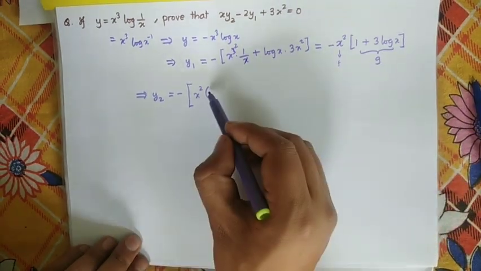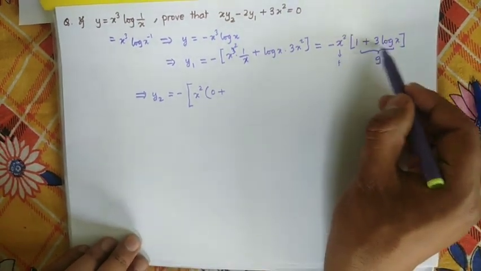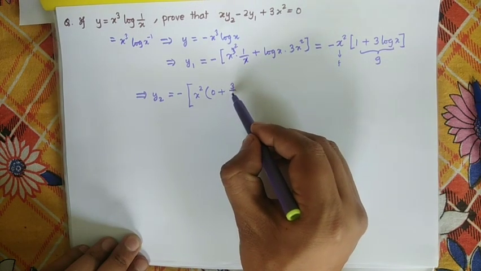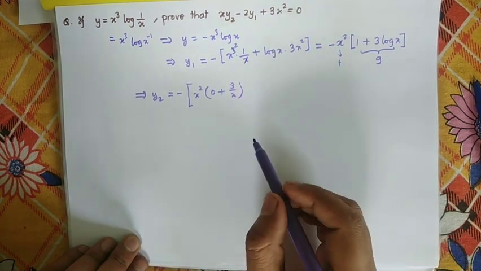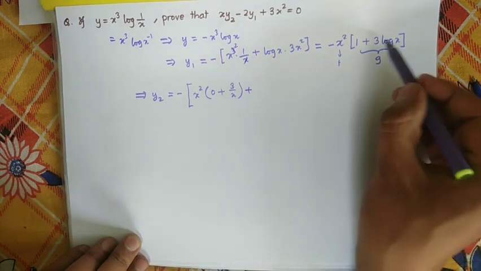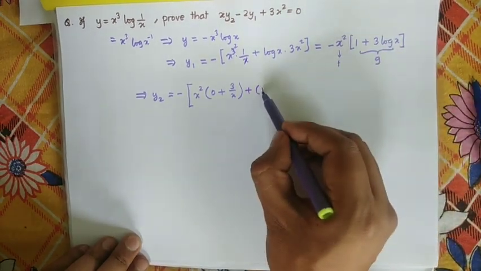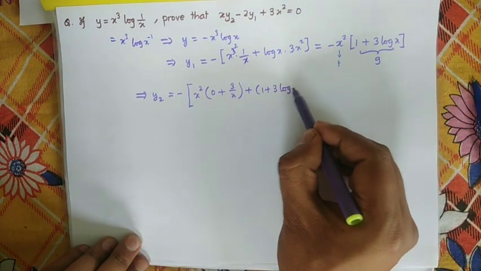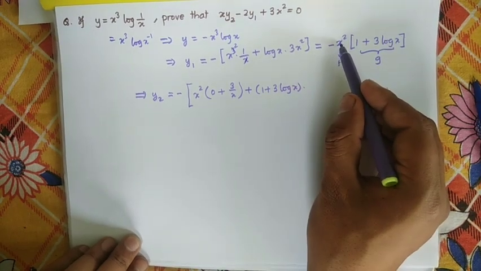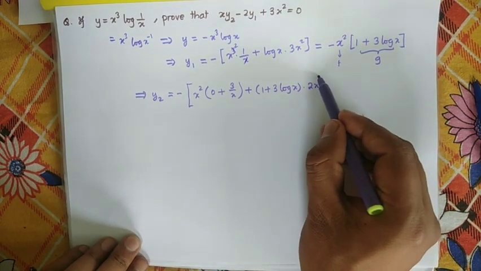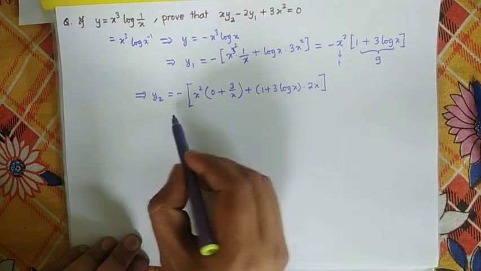The differentiation of 1 will be 0 and the differentiation of this will be 3 by x. Plus, now this will remain as it is, so 1 plus 3 log x will remain, and we'll differentiate x square. This will be 2x.